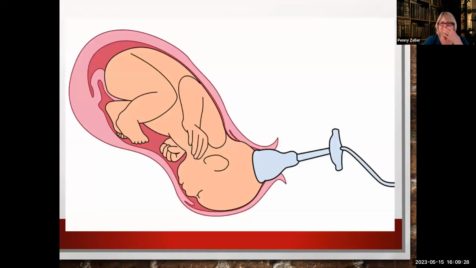What's this? That's the vacuum assisted birth. This is probably the safest way to assist in delivery of a fetus. There's various reasons for doing this if there's just not good progress.